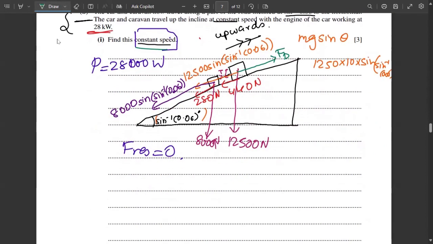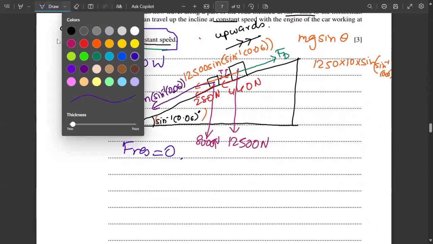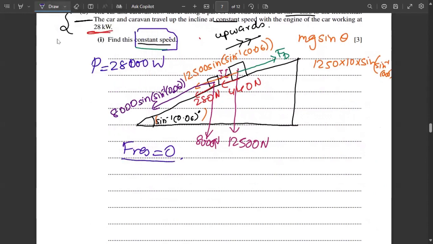Now, how do we find the constant speed? First of all, we know that the resultant force is zero. We also know the resultant force will be equal to the driving force minus 12500 sine of sine inverse of 0.06. If I put it in the calculator, sine of sine inverse of 0.06 is nothing but 0.06.